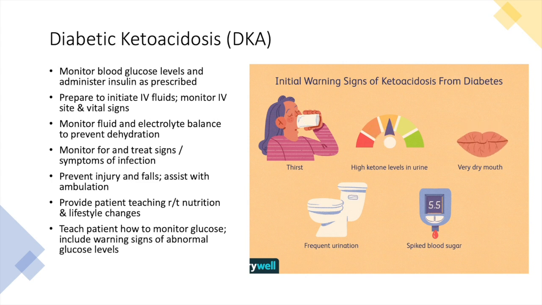It converts that fat into ketones, which is associated with the buildup of acid in the blood. Pretty severe, life-threatening condition, and most often occurs with type 1 diabetes, but can occur with type 1 or type 2 diabetes. Not just limited to type 1, but is most often present in type 1.